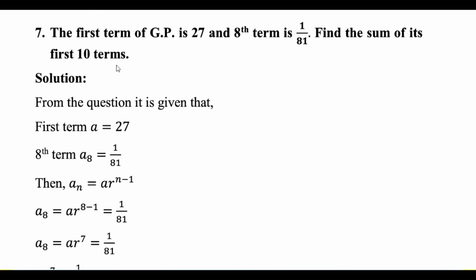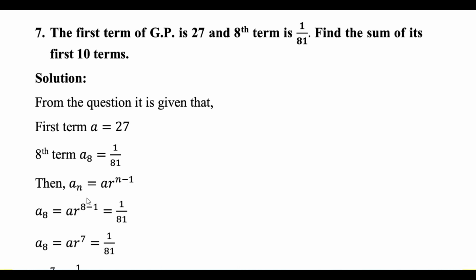Come to the next problem. The first term of the GP is 27 and the 8th term is 1 by 81. Find the sum of its first 10 terms. A, that is the first term, is given as 27. The 8th term a8 is equal to 1 by 81.